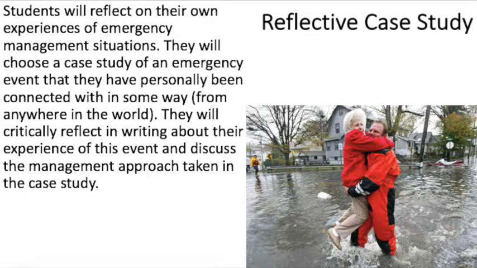Then you need to critically reflect in writing about your experience of this event and discuss the management approach taken in the case study. So when we're talking about the management approach, we're not talking about necessarily you having an understanding of the operational processes of emergency management, all right? I understand that there's a lot of people that don't have that type of experience at this particular point.